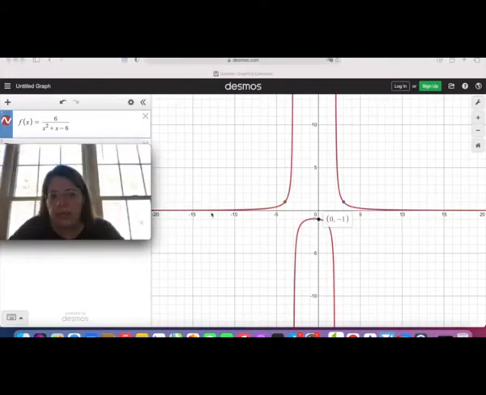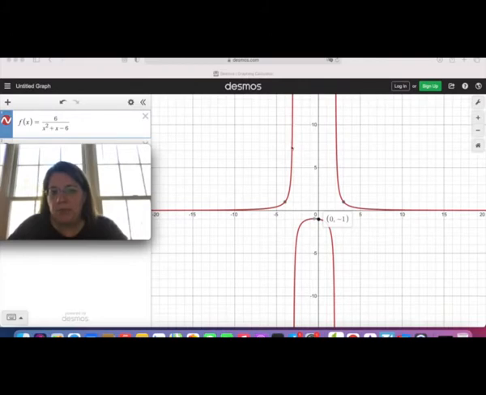You can see this graph approaches the x-axis, but it never crosses or touches the x-axis. It's just getting very, very close to the x-axis on both sides. Right here, you can see that it's approaching the x equals 2 line.